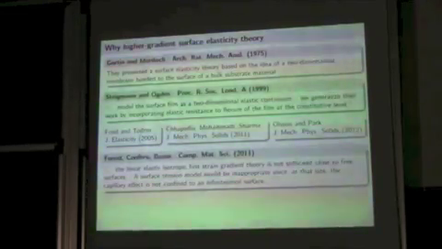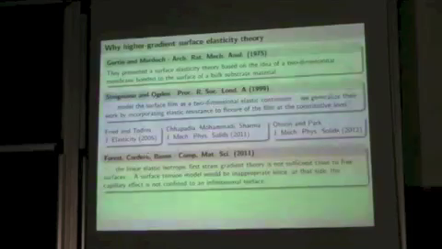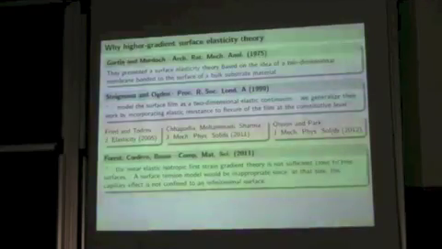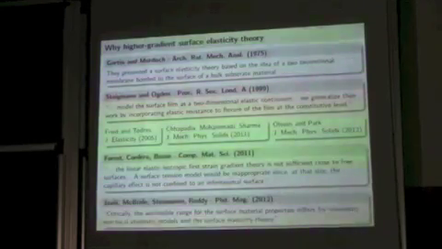This is kind of my favorite work here, from Samuel Forest, Nicolas Cordero, and Esteban Busso. The linear elastic isotropic first strain gradient theory is not sufficient close to the surface. A surface tension model would be inappropriate since at that size the capillary effect is not confined to an infinitesimal surface. They call it capillary effect because they are looking into elastic fluids and Korteweg equations, but it's pretty much the same idea and philosophy behind it.